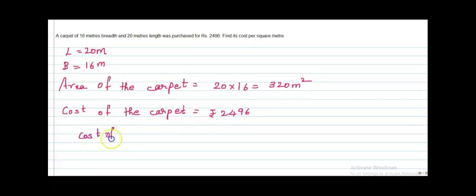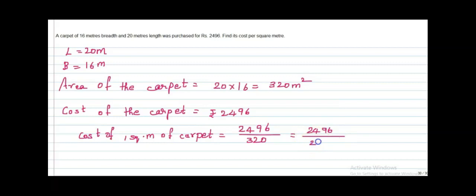The cost of 1 square meter of the carpet is equal to 2,496 by 320, which we can write as 2,496 by 20 into 16 for our convenience. 4 4s are 16, 4 5s are 20, then 496 into 16.